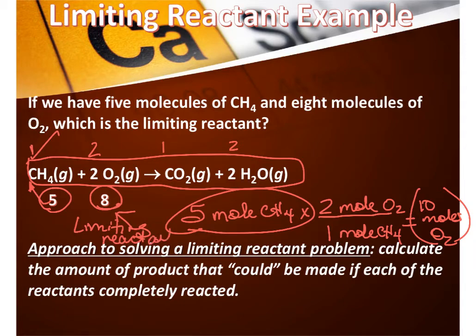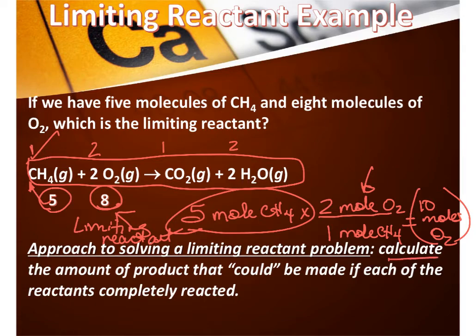Now this one is pretty easy to just do using mole ratios. That won't be the case as we get to more complicated problems. So I'm going to give you a method that works 100% of the time. It's pretty tedious, but it's very, very reliable, okay? And what it is is down at the bottom here.